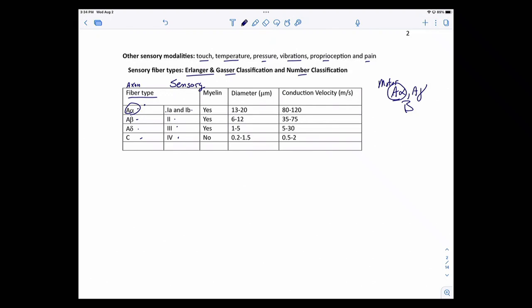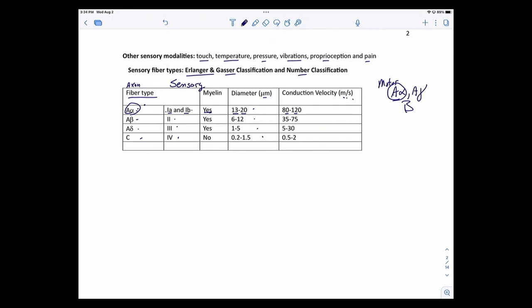So what you have here in terms of the scheme is you have your A alphas, and you've got two subgroups of those, 1As and 1Bs, and these are heavily myelinated. So their diameter in microns is 13 to 20, their conduction velocity 80 to 120 meters per second. And I'm going to tell you right now that if you go on the internet or look at a bunch of different textbooks, all of them are going to have variations in these numbers.